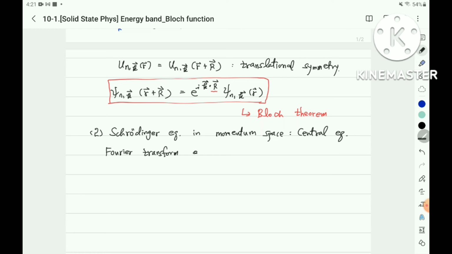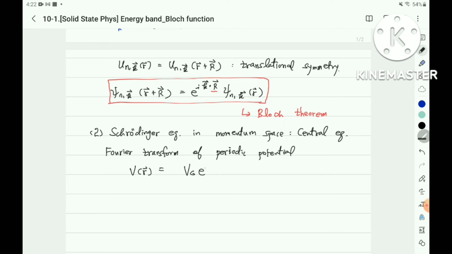The Fourier transform of the periodic potential can be represented like this. The potential resides at the Bravais lattice, because ions have a negative potential. Therefore, ions form a Bravais lattice in a solid, and the potential has a Bravais lattice component.